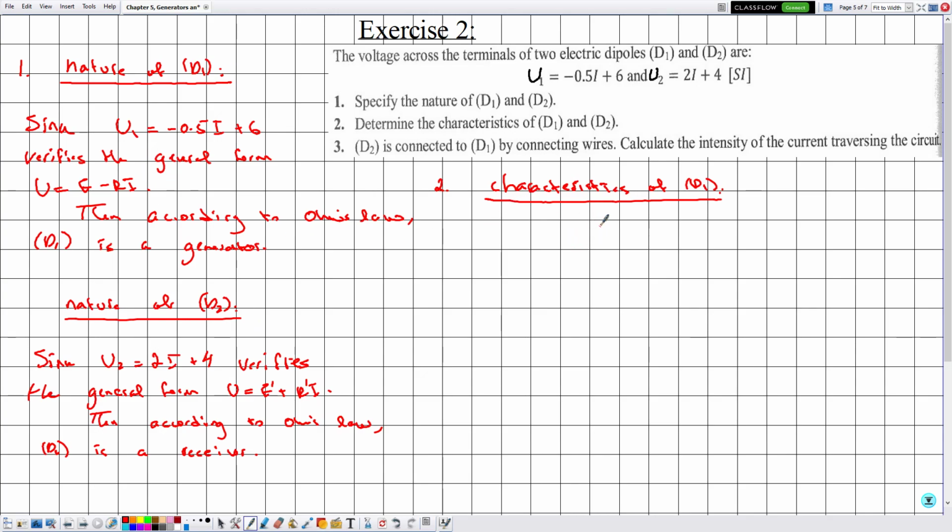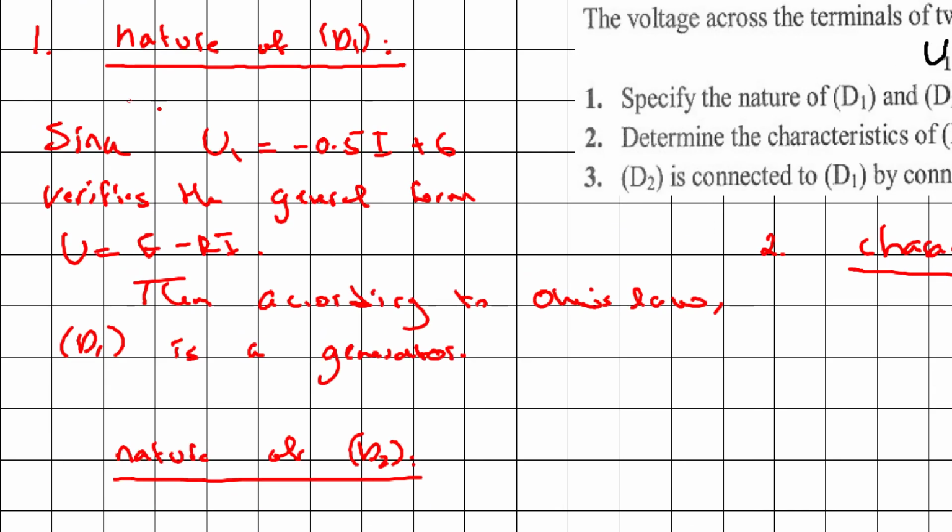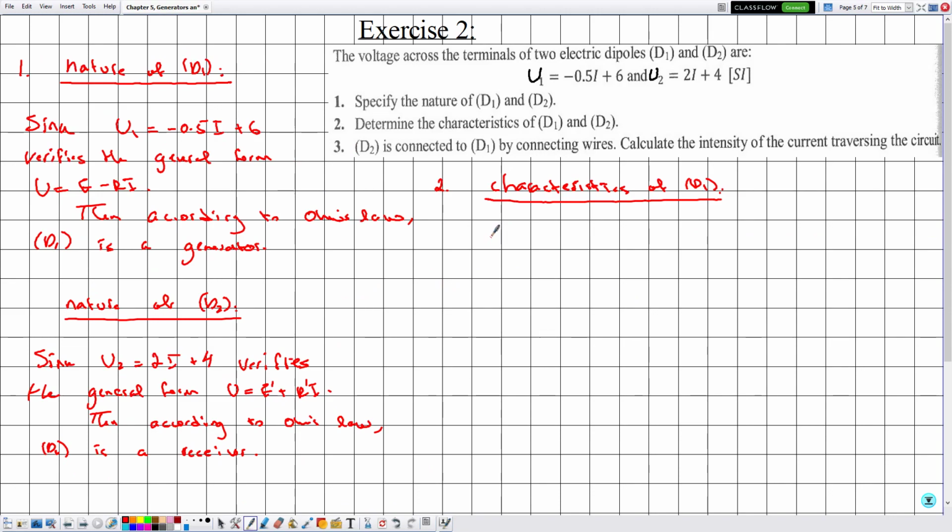Now let's start with the characteristics of D1, and this is done by comparing this form with this form, and the characteristics are E and R. So we have that U1 is equal to minus 0.5 I plus 6, and on the other side U1 can be written as E minus Ri because this is a generator.